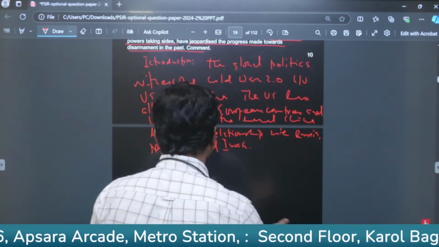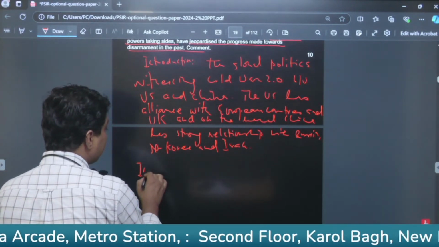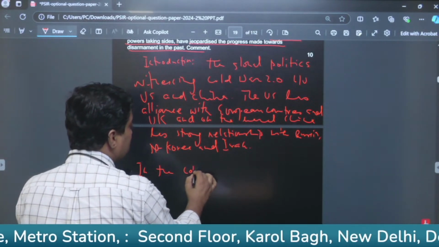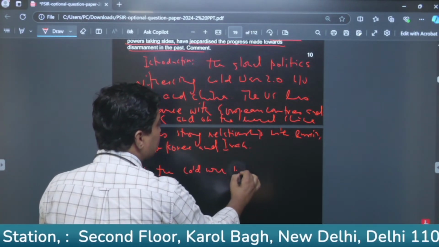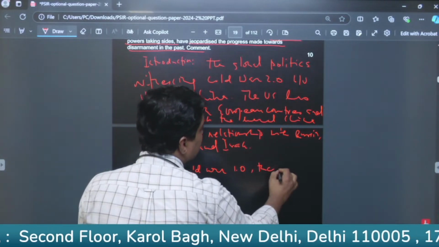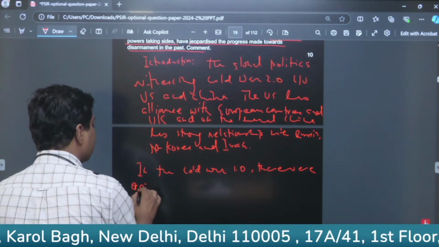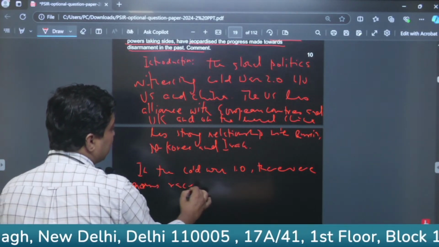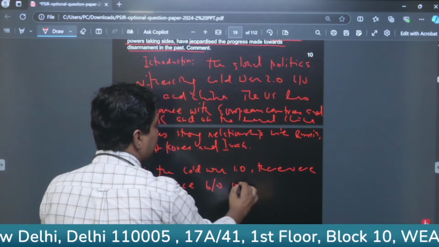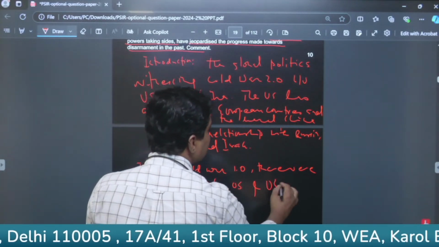In the Cold War 1.0, there was an arms race between US and USSR.